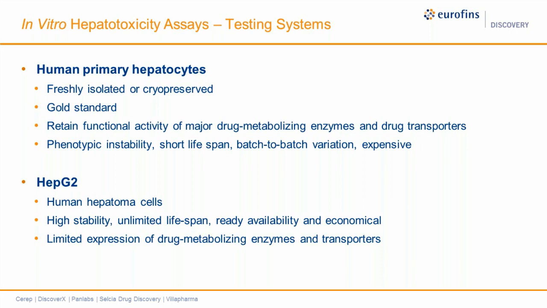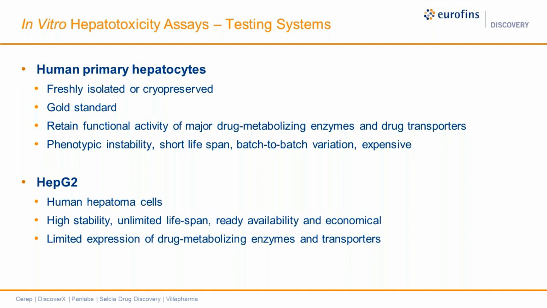With the improvement of cryopreservation technology, the viability and the characteristics of cryopreserved hepatocytes are relatively comparable to freshly isolated hepatocytes. They have the advantages of being more convenient, and we can conduct many experiments at different times from the same donor, which improves the reproducibility of the assays that use those cells.